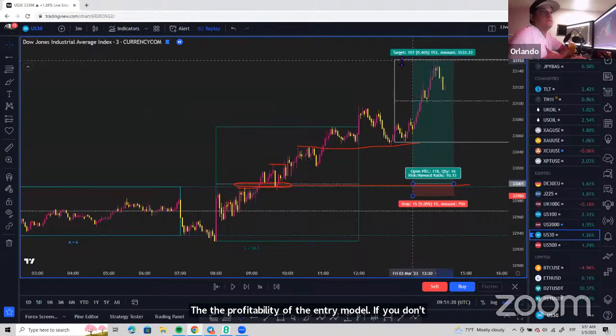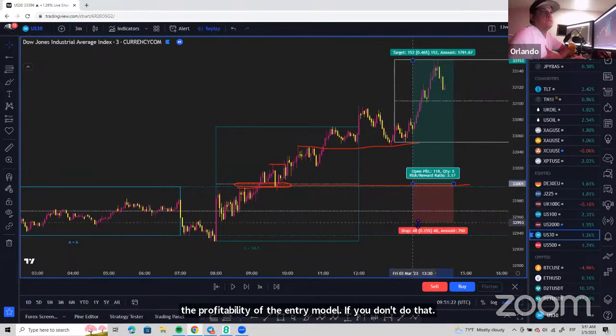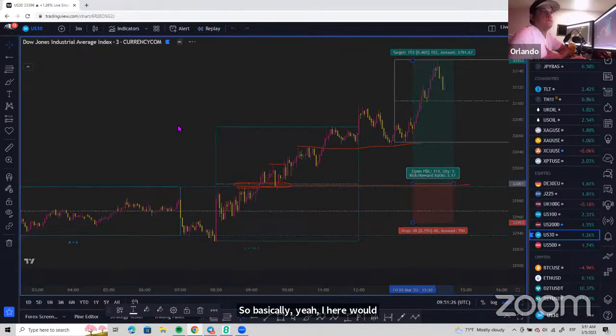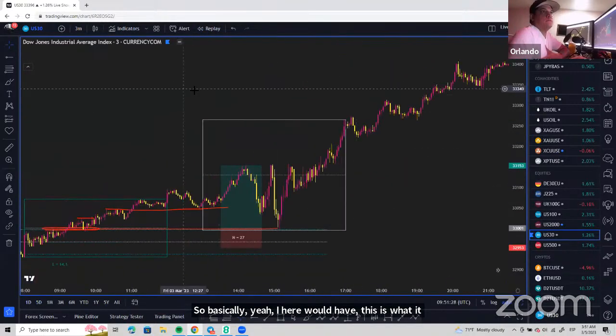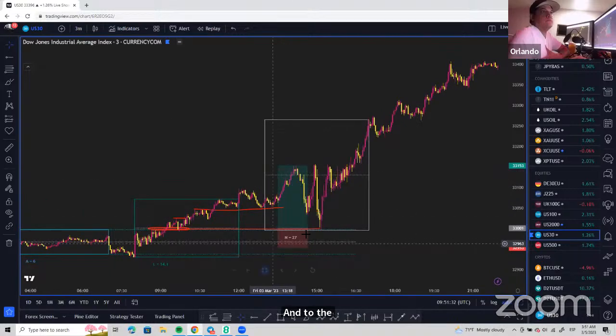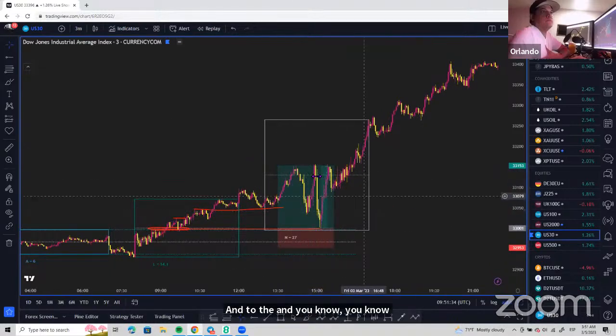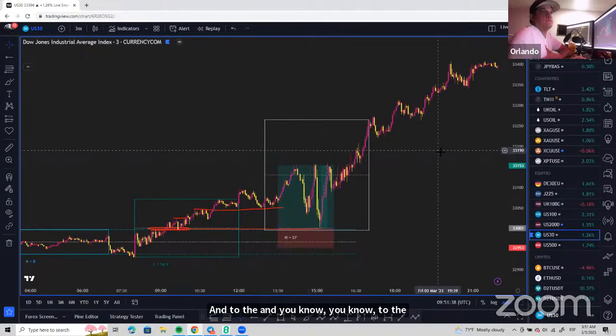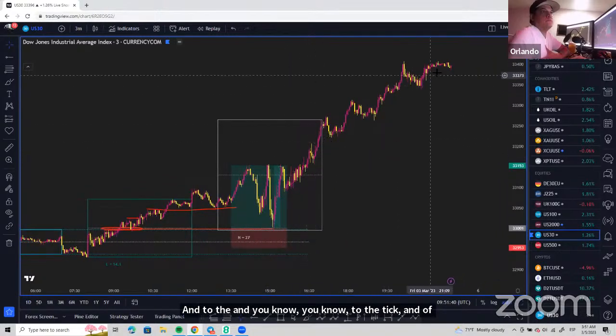So this is what it would have looked like, to the tick. And of course, I would have gotten out here and missed the entire rally.